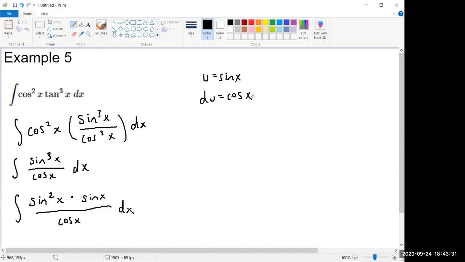Now, I only have one issue with this suggestion. The fact that du is cosine is no problem because we do have a cosine. The only issue here is that cosine is in the denominator. So because it's in the denominator, we cannot just call this entire part du. So I would probably suggest something else.